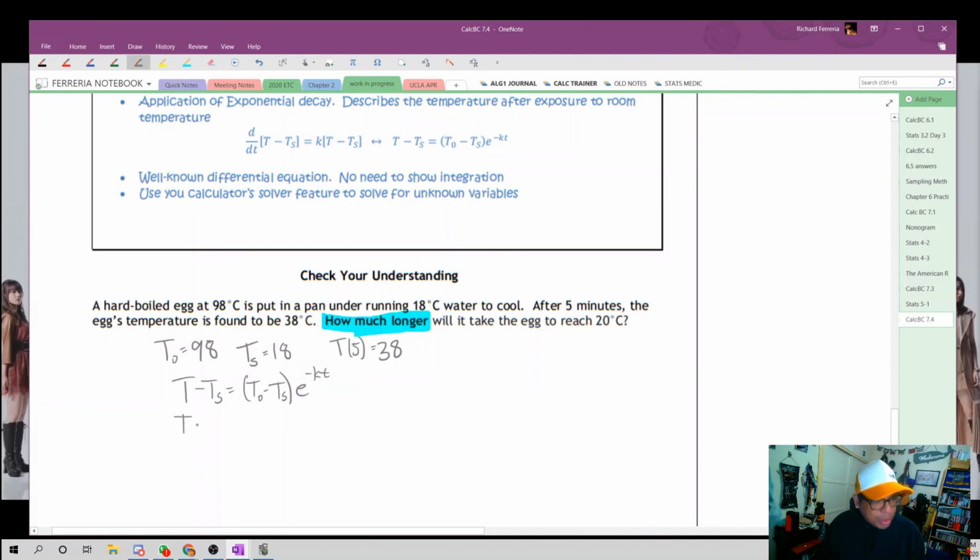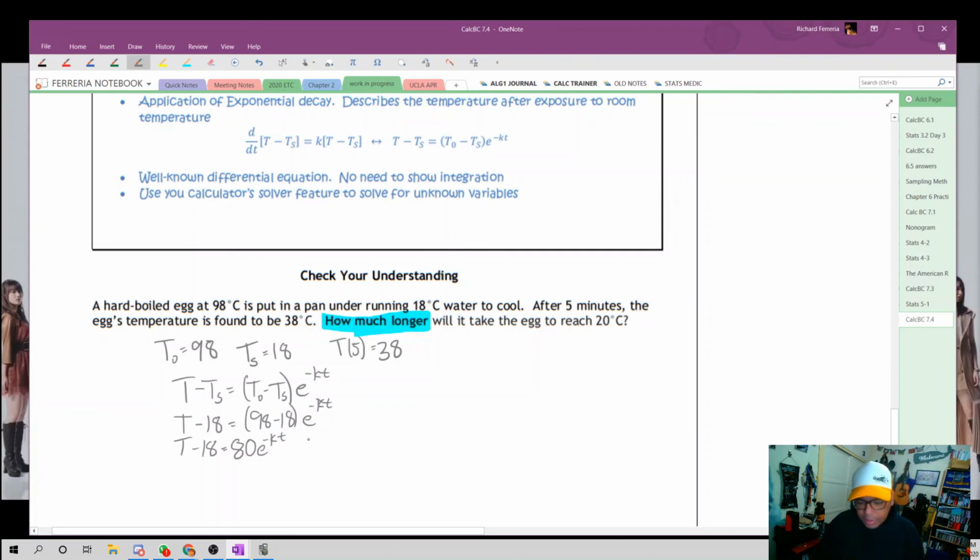So the temperature minus 18 is equal to 98 degrees minus 18, e to the negative kt. And if you would like to simplify that, that's fine as well. T minus 18 equals 80 e to the negative kt.